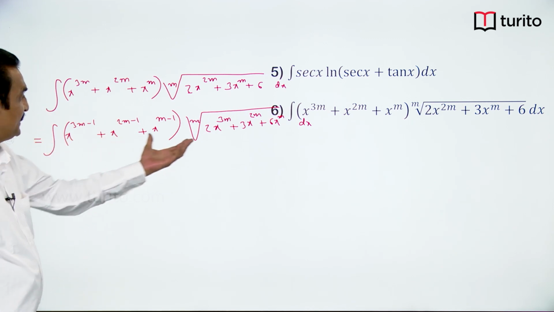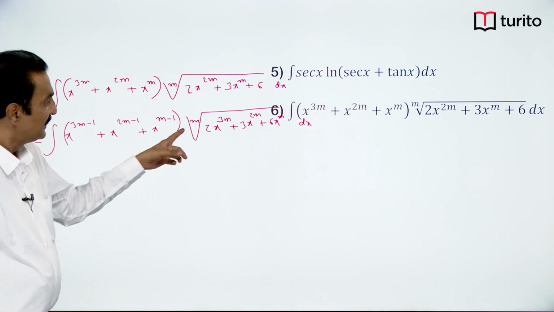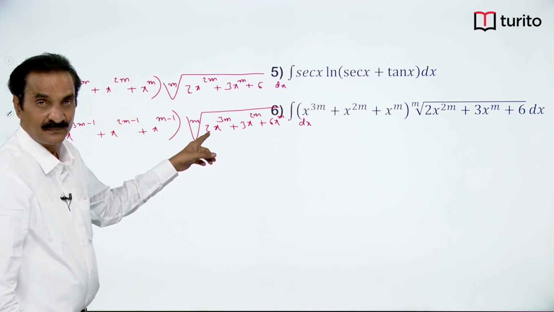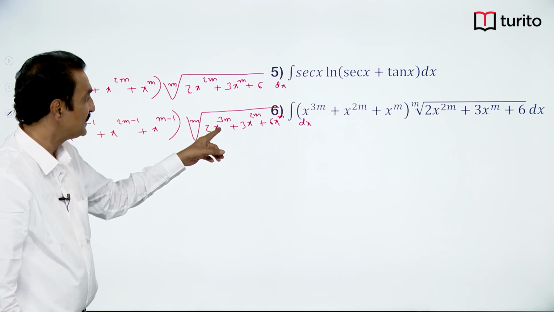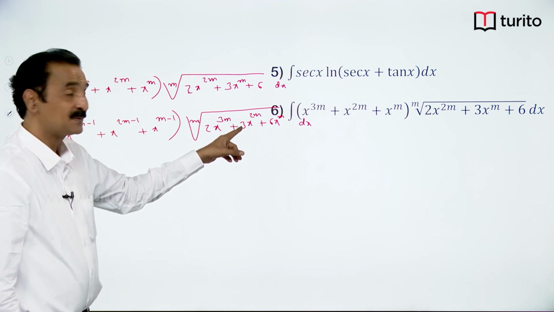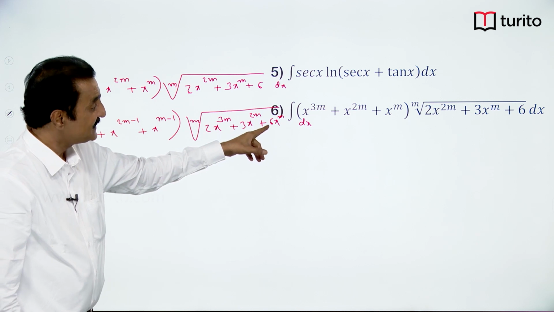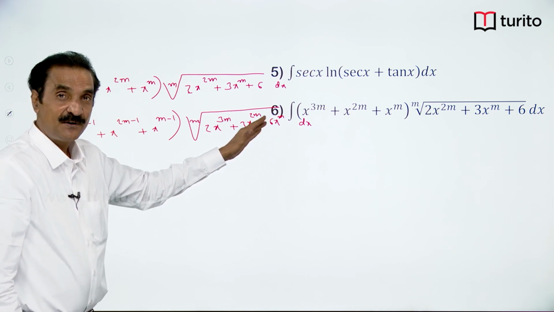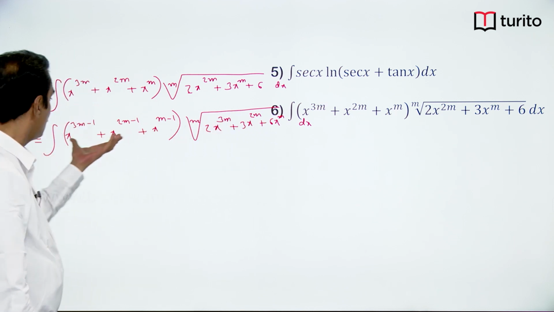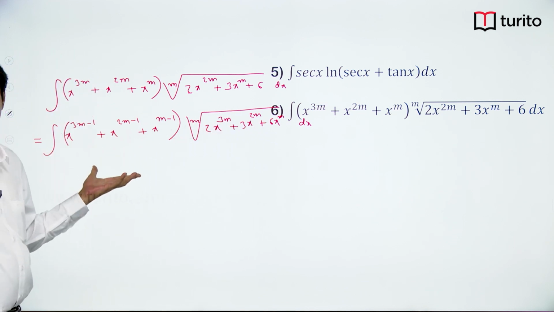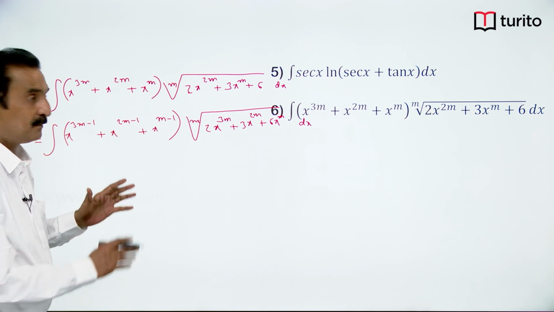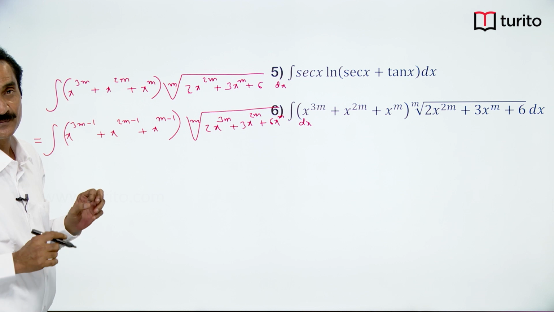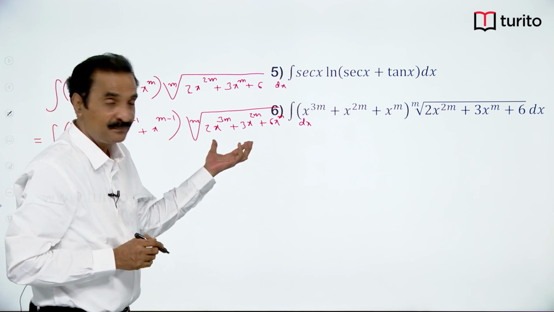Now, look at this. What is its derivative? 6m x power 3m minus 1 plus 6m x power 2m minus 1 plus 6m into x power m minus 1. If you take 6m common, the remaining will be this only. So, by rearranging the terms slightly, we can identify the substitution like this. So, what to substitute now?